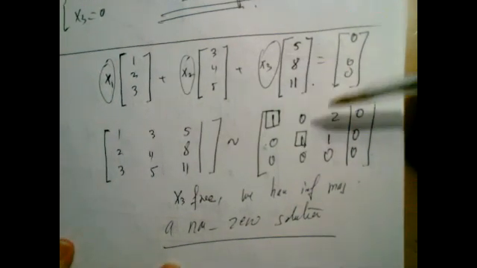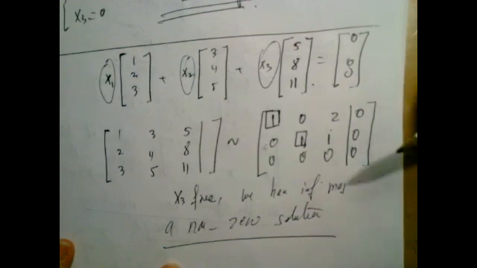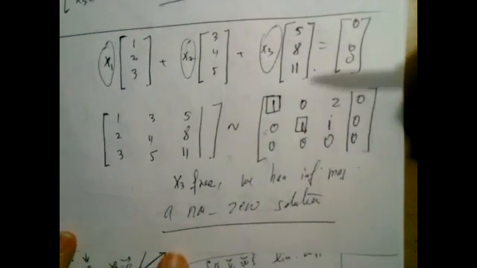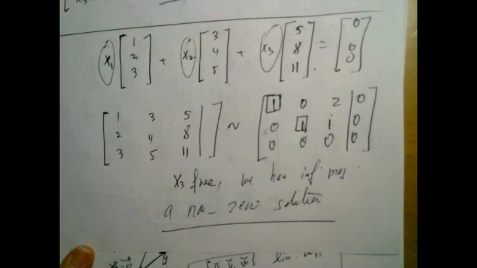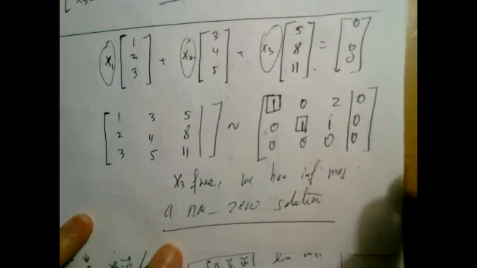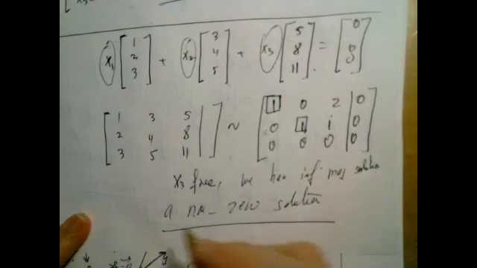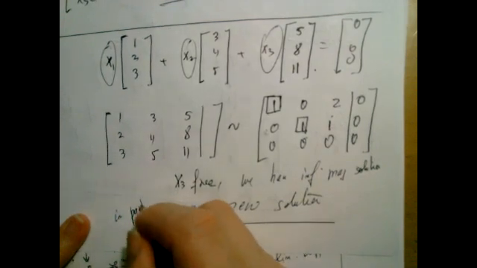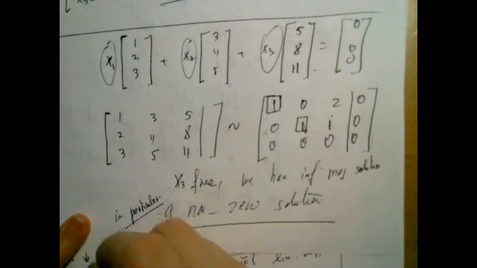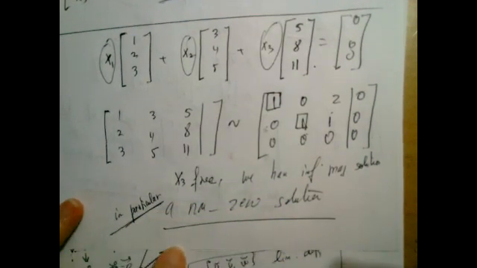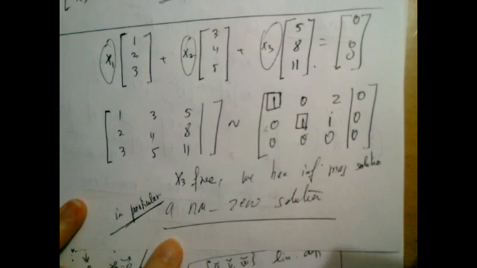What does x3 free tell us? Infinitely many solutions, in particular a non-zero solution. I got it now.